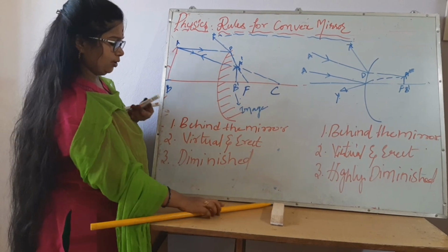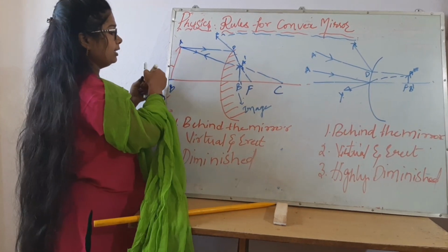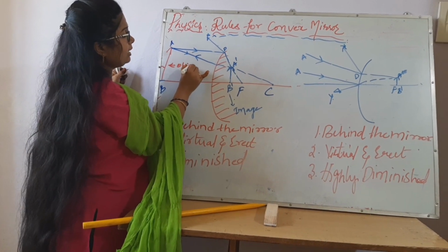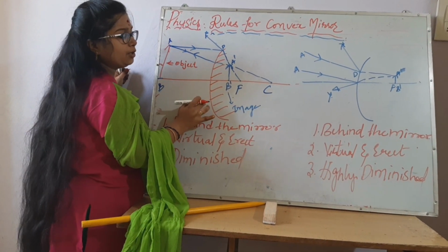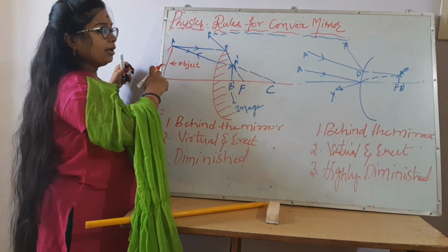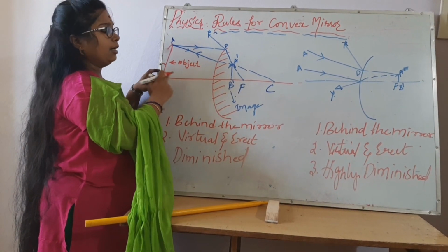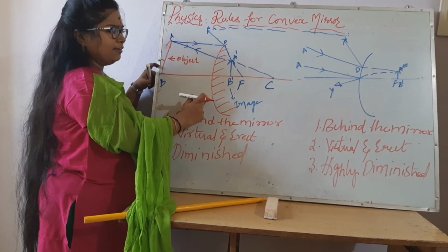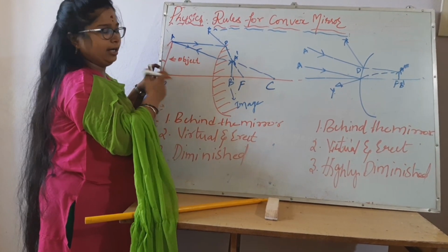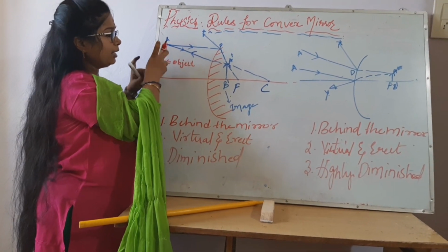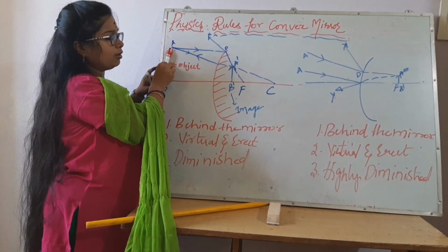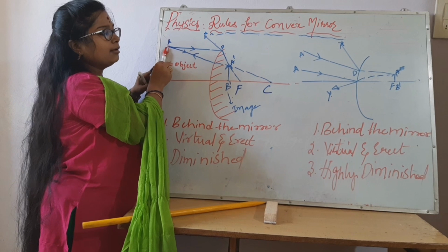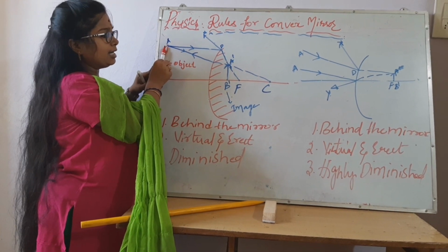Where is it placed? In front of the mirror, isn't it? If you want to get your image in a mirror, you need to stand in front of the mirror. If you stand back, you can't get it, isn't it? So, you are putting an object in front of the mirror, so the rays are going to come.